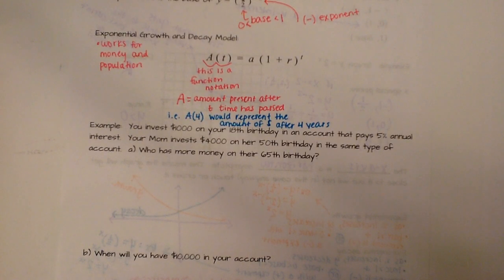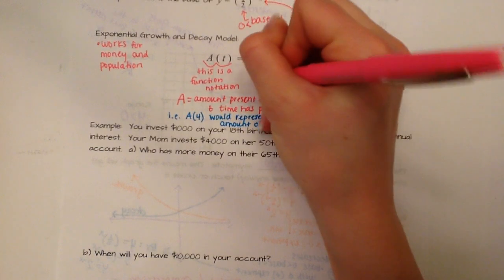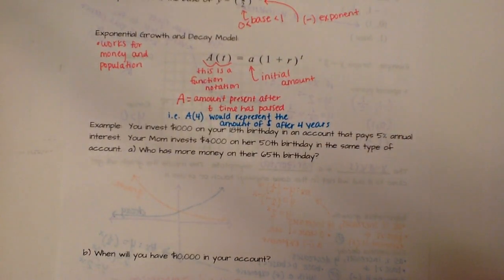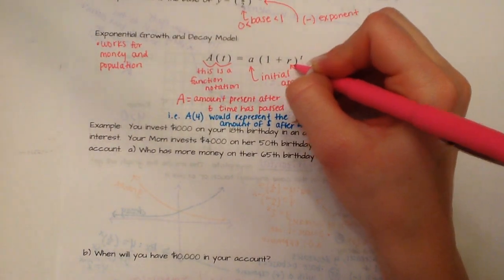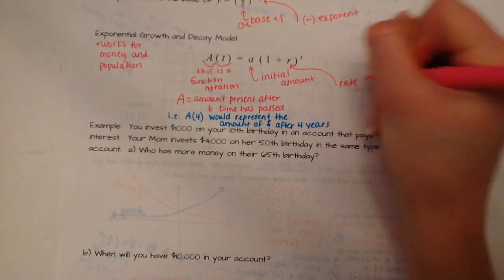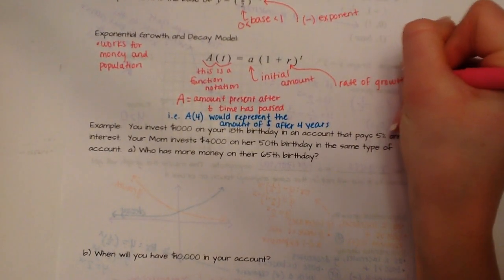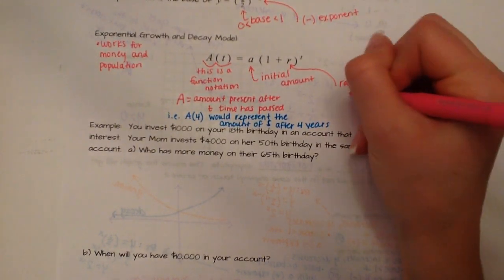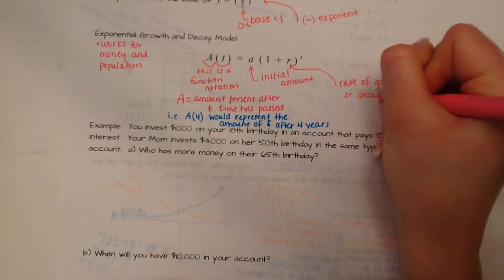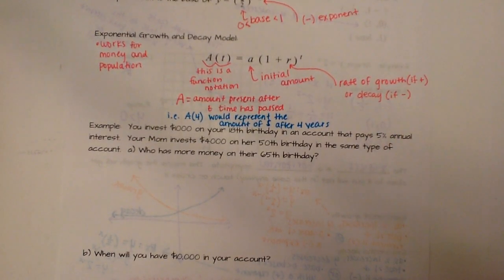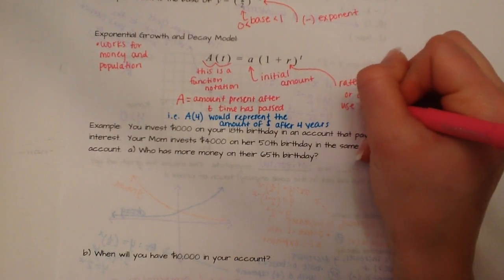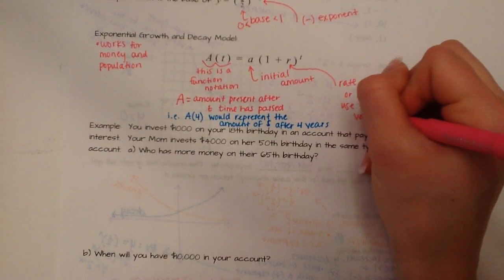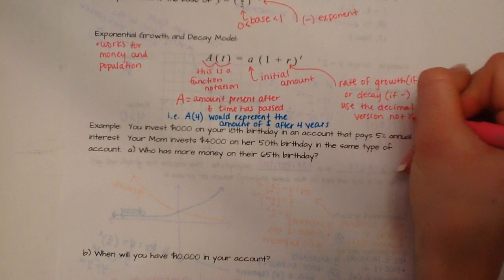Alright, so to the right of the equal sign, our little a, that is your initial amount. Our r is the rate of growth if it's positive. So if it's positive, it's growth, or decay if it's negative. And we're going to use the decimal version, not the percent.